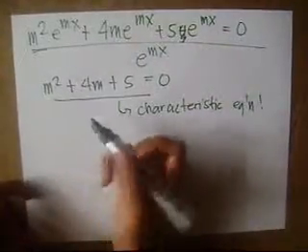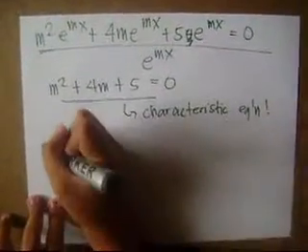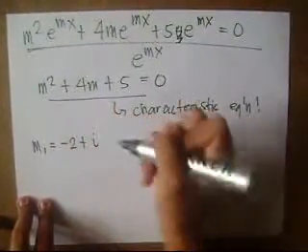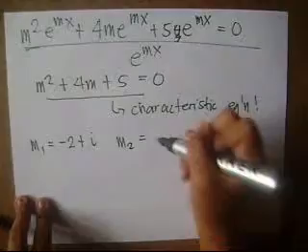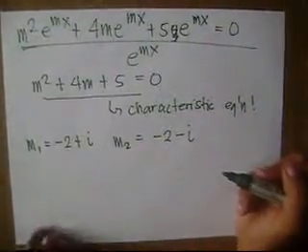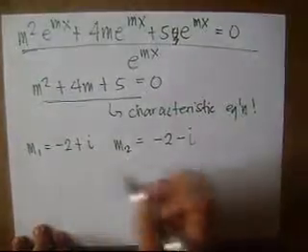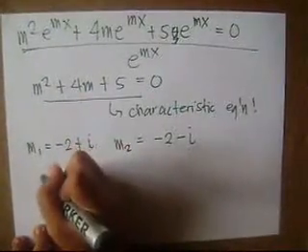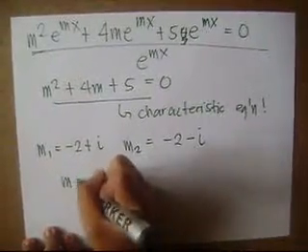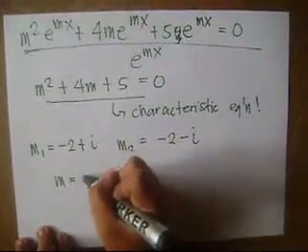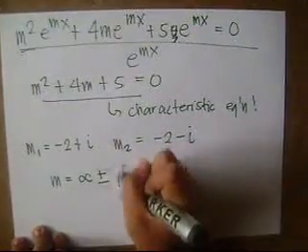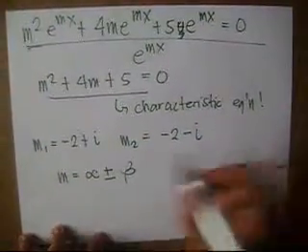This characteristic equation has two roots: m1 = -2 + i, m2 = -2 - i. These roots are of the nature conjugate complex, m = alpha ± beta i.